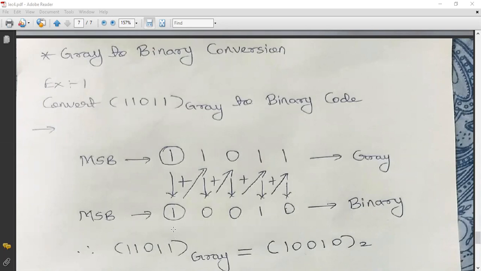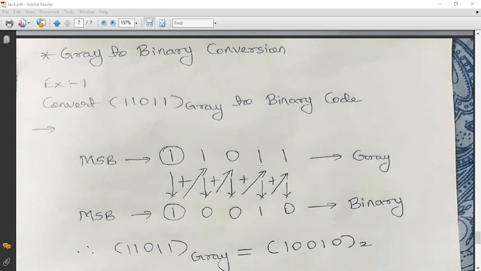Now the addition will be done in this manner. See, 1 plus 1 is nothing but 0. Write down 0 and discard the carry, that is 1. Now again add this 0 with this 0. 0 plus 0 is nothing but 0. I have written it down.